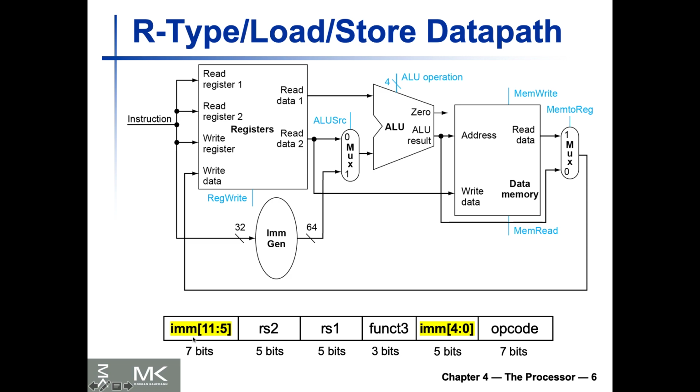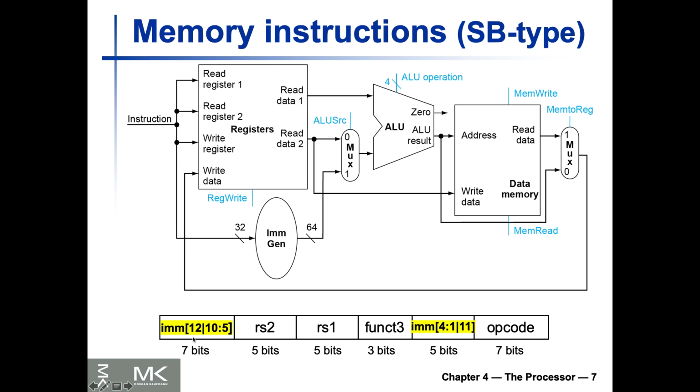But in the case of the memory instructions, if you take a look at your green sheet again, the S type has immediate bits 12 and 5 to 10 for the 7 bits here. For those first 5 bits on the other side, we have 1 to 4 and also 11.